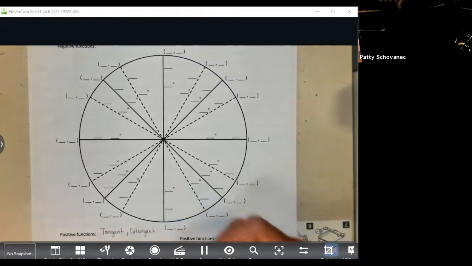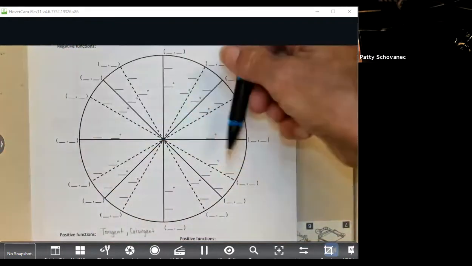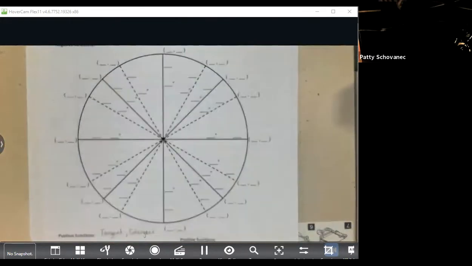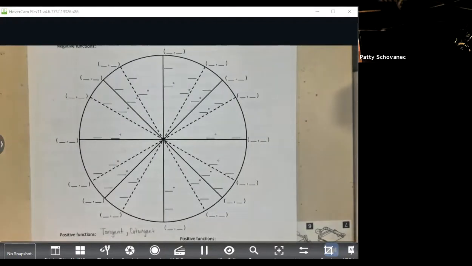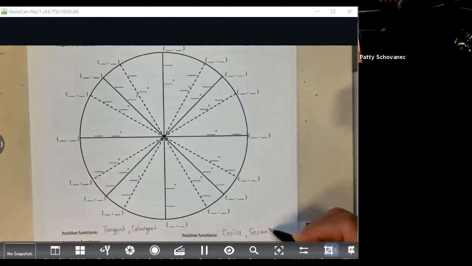So these are positive because a negative divided by a negative is positive. Now in quadrant 4, x is positive, y is negative. So which two trig functions deal only with the x? Cosine and secant. All the others are going to be negative.